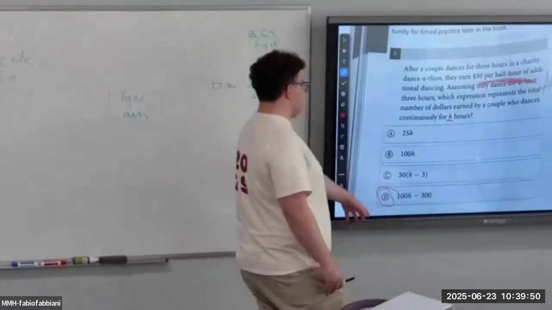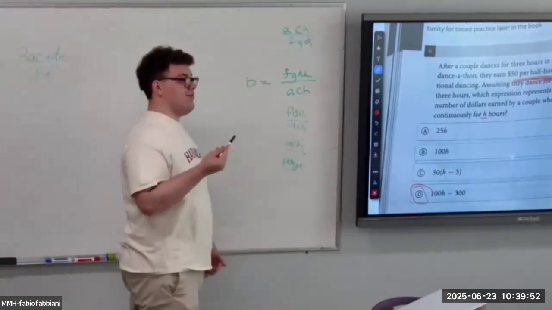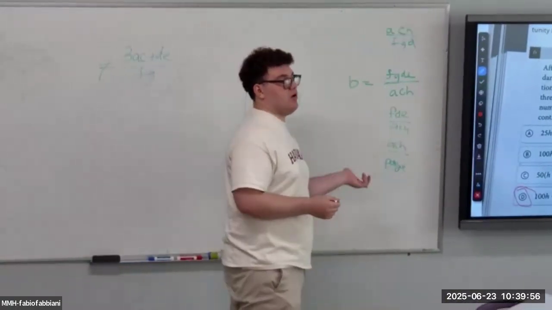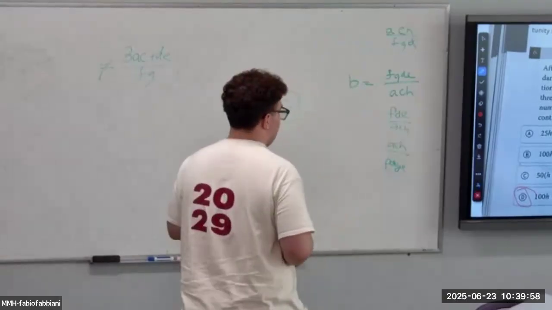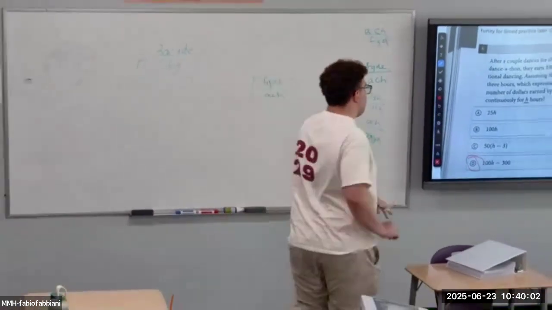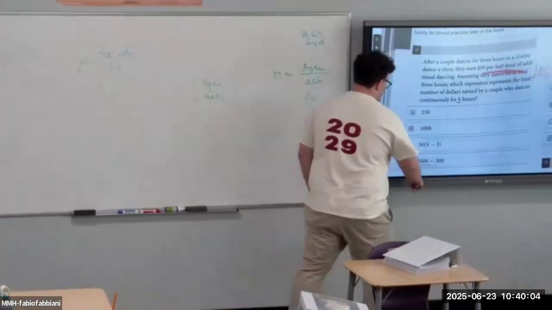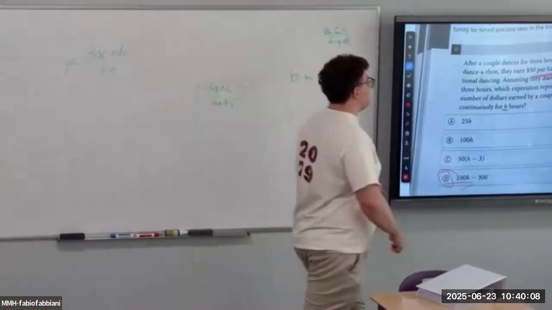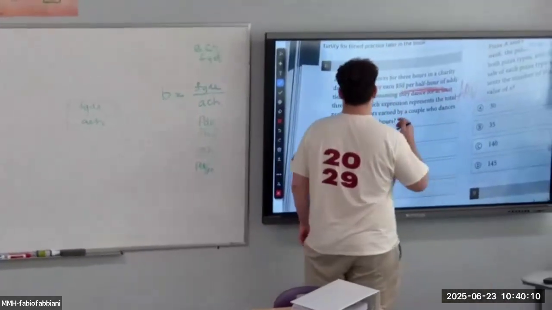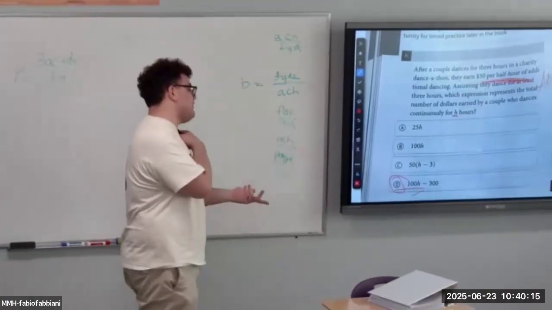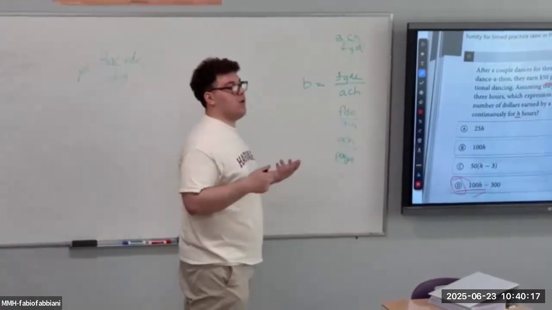So for something like this, it's recognizing that those 3 hours we don't dance, we don't earn our slope, but we can still write it using the slope for the hour, which is 100 each, and subtract whatever you don't earn. The other thing here is that they tell us the couple dances for more than 3 hours, and that's important, because once you dance more than 3 hours, this equation will be true.